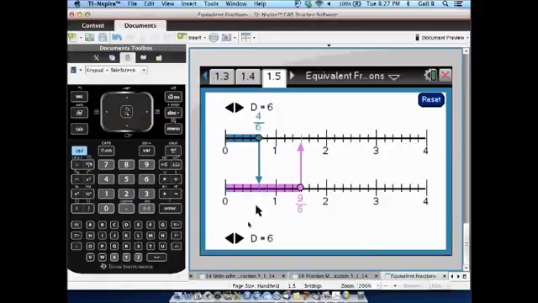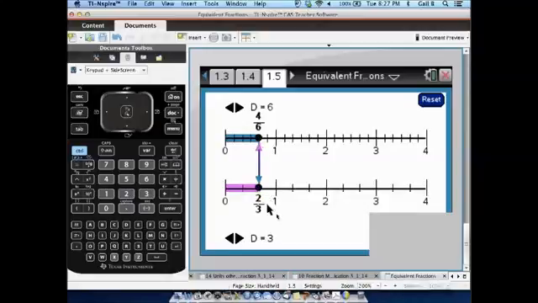What would be equivalent to this? If I go back down to 1/3, I can see that 2/3 is equivalent to 4/6. So I can play with the different arrangements, different denominators, change the numerators, and come up with what would turn out to be equivalent fractions.